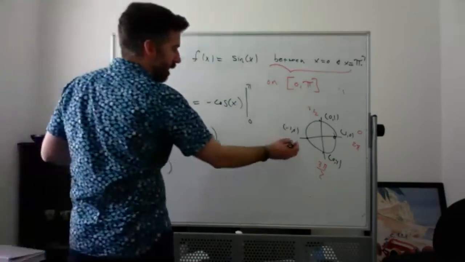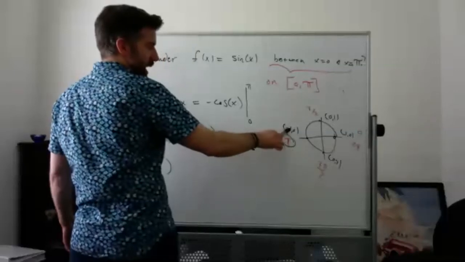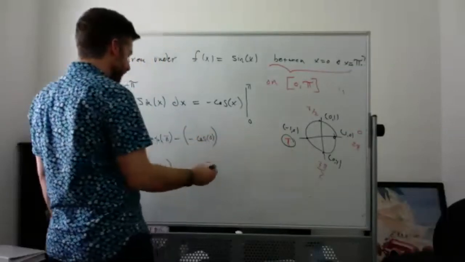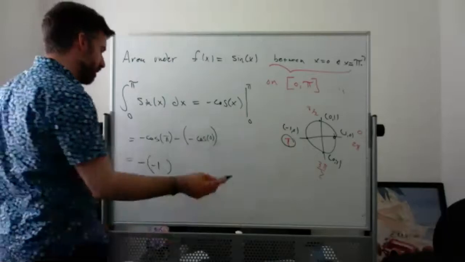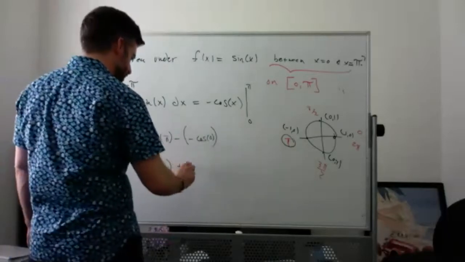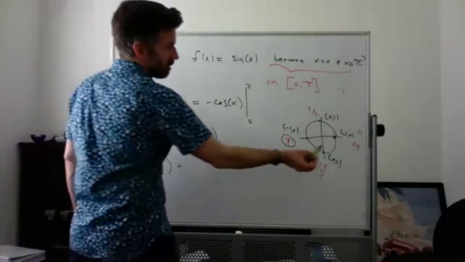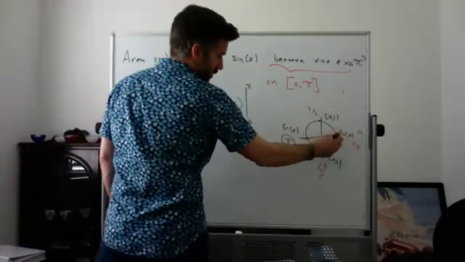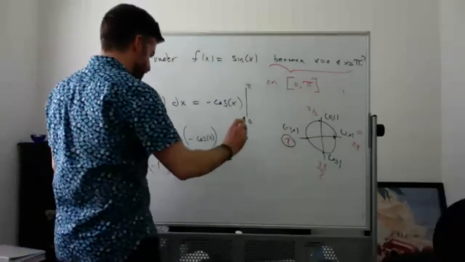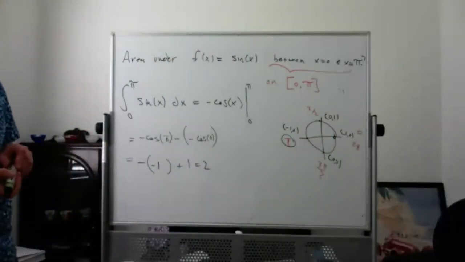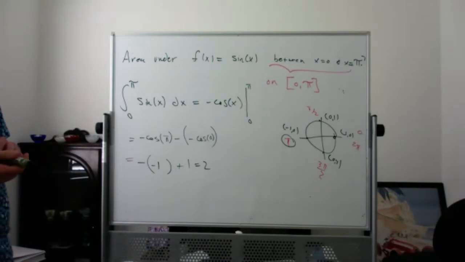So cosine of pi is going to be the x coordinate at that angle, which is -1. Sine of pi would be 0. And then plus cosine of 0. Cosine of 0 is the x coordinate, which is +1. So you get 1 plus 1, which is 2. So the area under the curve from 0 to pi should be 2.